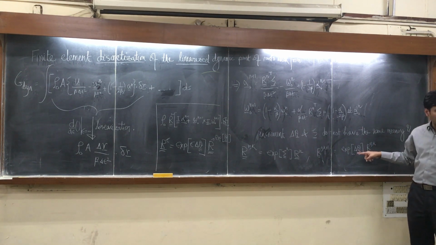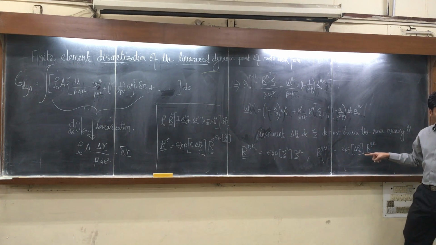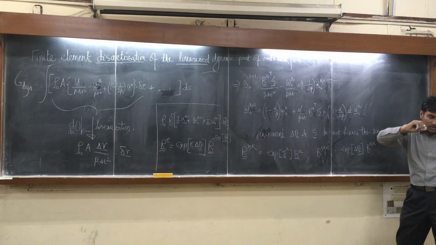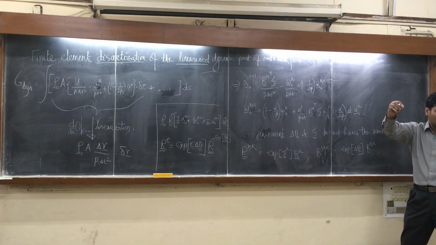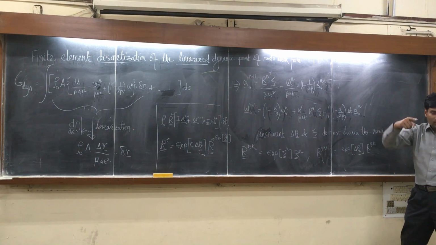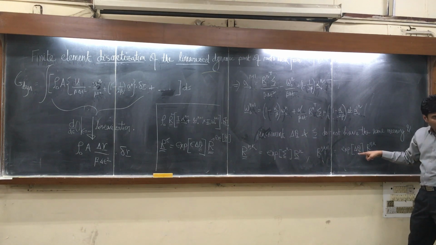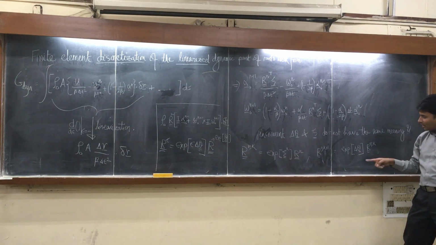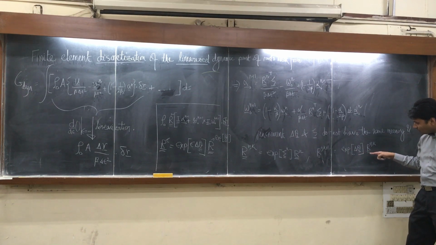So that was the meaning of delta theta. During the iteration, as you go from one iteration to the other of the Newton-Raphson scheme, delta theta was the jump during the iteration, with respect to the previous value of the iteration.